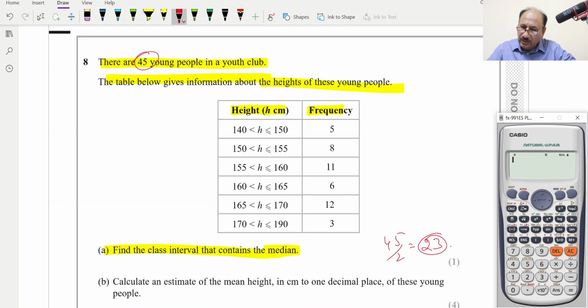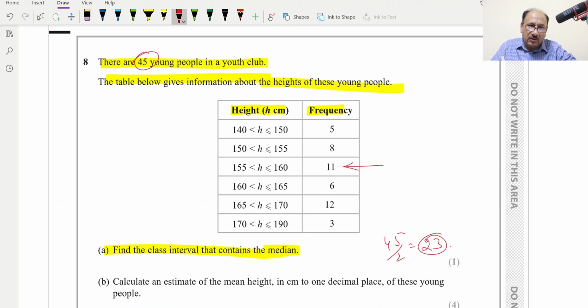If we start adding up to 23, 5 plus 8 will be equal to 13. Now 13 plus 11 will be equal to 24. So this will be basically the median class, and this one, 155 less than h.